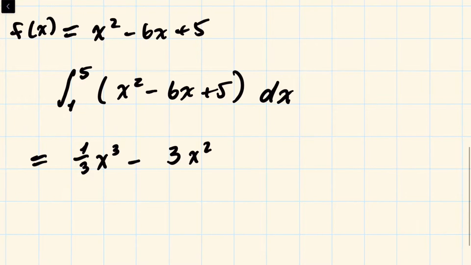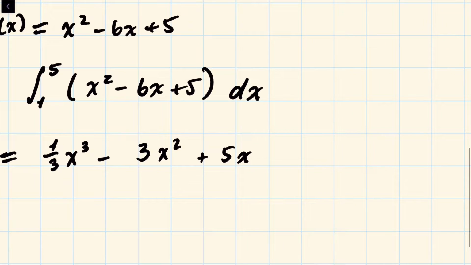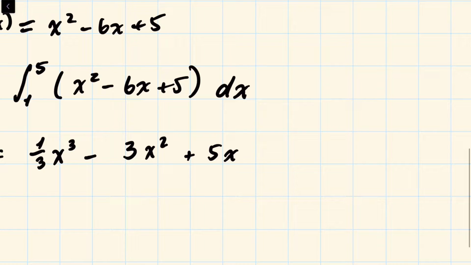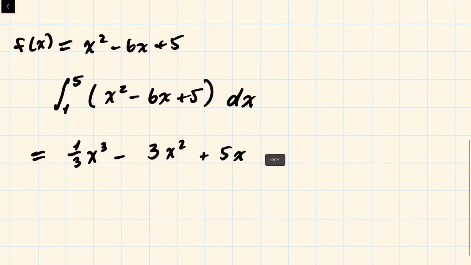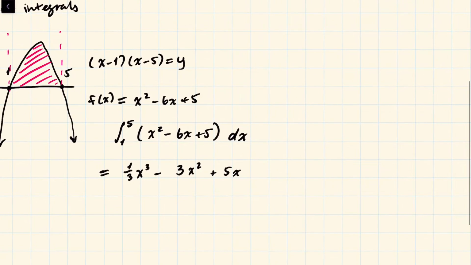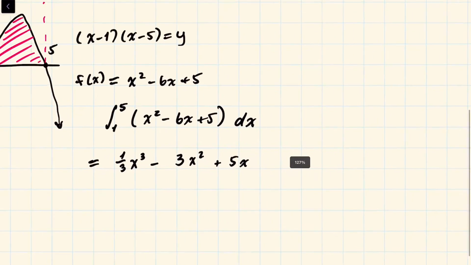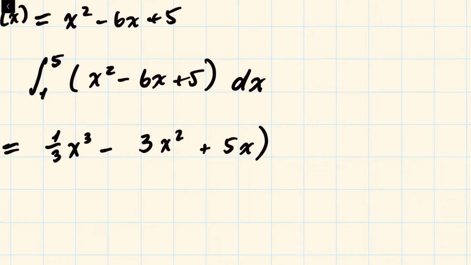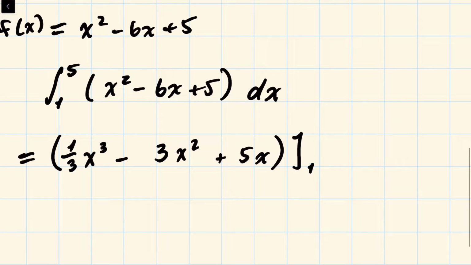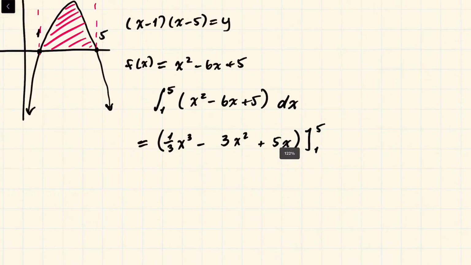And then we have plus 5x. It'd be 5 over 1 x, but it's 5x. And then we have our constant of integration, but we won't need to worry about that for definite integrals, and you'll see why in a moment. Okay, and this here, we're finding it between 1 and 5, remember, so we use that notation there.